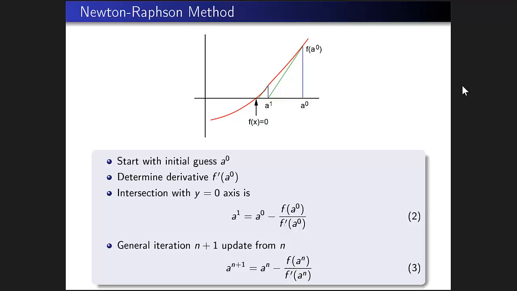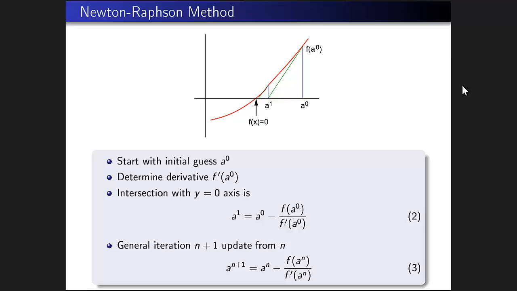This might be a method you had in a numerical analysis class in which you're trying to find the roots of an equation. You start with an initial guess, and then you evaluate the function that you're trying to find the roots of, and then you take the derivative, and you find where that intersects with the y equals 0 x-axis here, and then you determine the function evaluation, and you keep on going until you find the root of this equation.